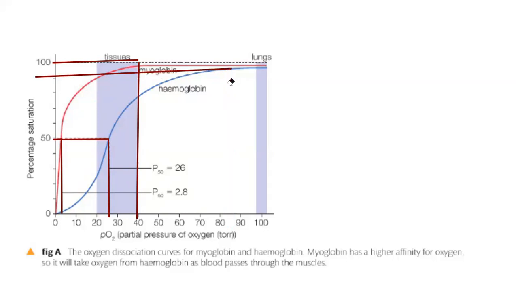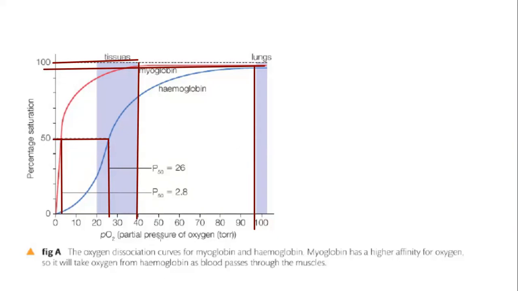For hemoglobin to be close to fully saturated, it needs a partial pressure of around 90-100%. So when the partial pressure of oxygen is around 90-100%, that is when hemoglobin is going to be saturated to its maximum value, right? For myoglobin, just 40% is enough. Even if there's 40% oxygen there, it's going to instantly bind to it and become 100% saturated.